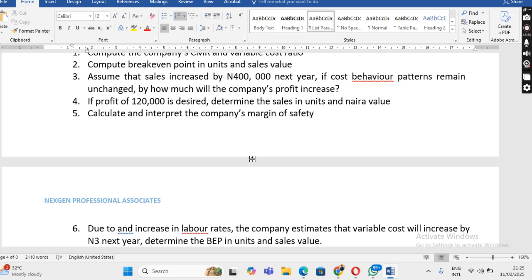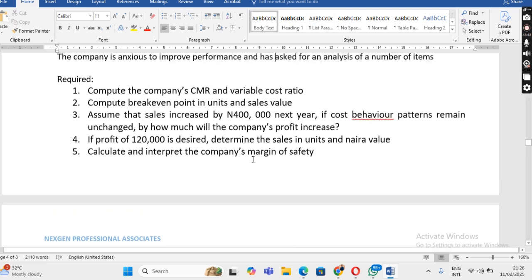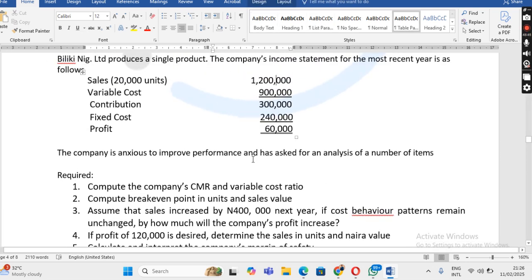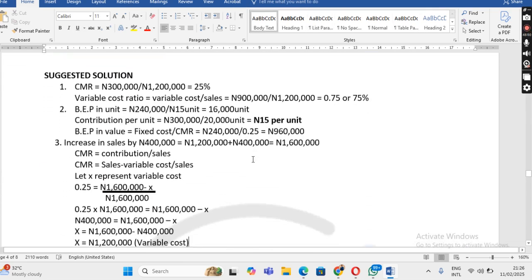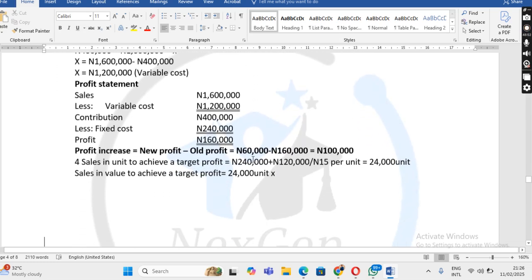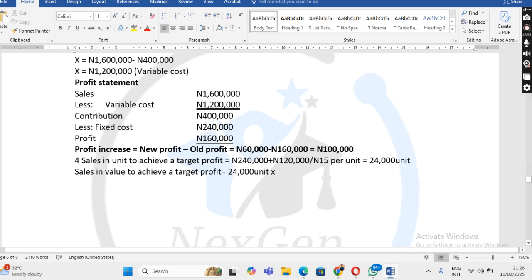Use this. They just give you a simple question to solve without reference. Don't set questions for yourself and go and use the one of increase. So 1.2 million divided by 20,000 units, you have your selling price, 60 naira.